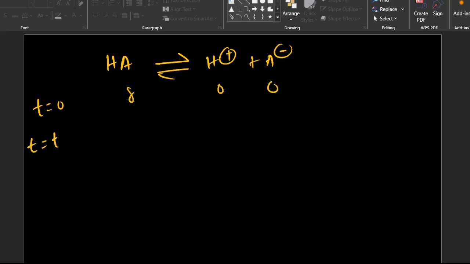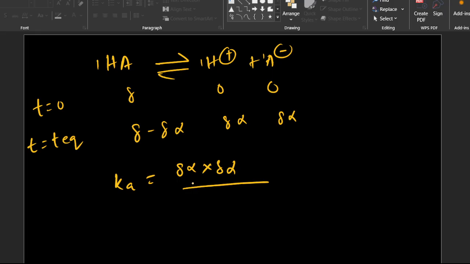At equilibrium, it is C minus C alpha for HA, and C alpha for each of H plus and A minus. Because from 1 molar, C alpha is consumed, so for each product C alpha is formed. Ka for acid is the concentration of products divided by the concentration of reactant, that is C alpha into C alpha over C minus C alpha.